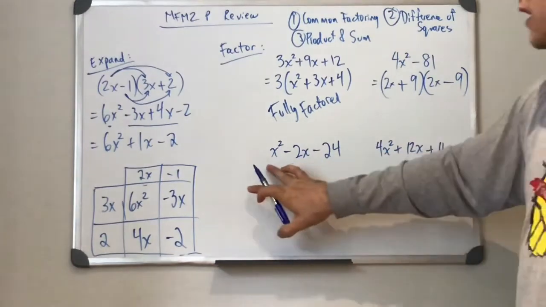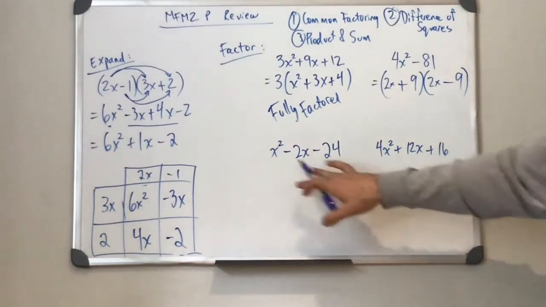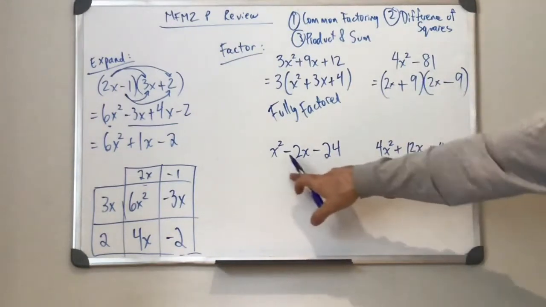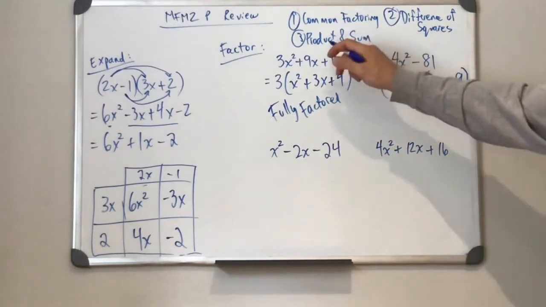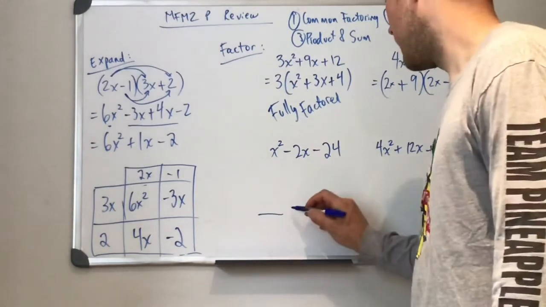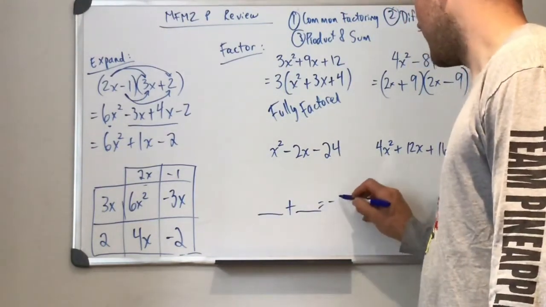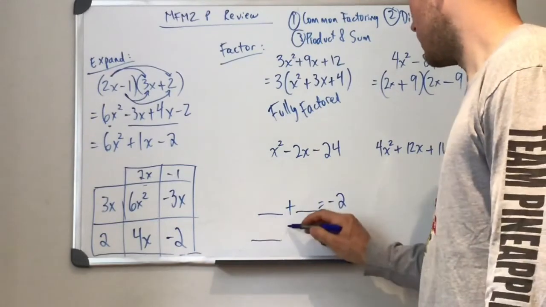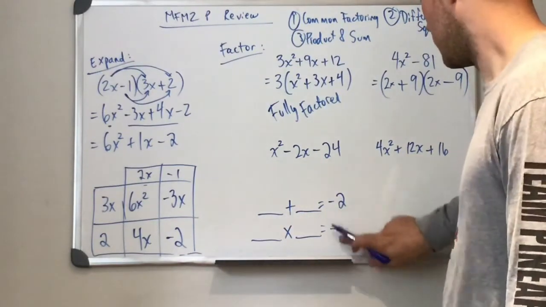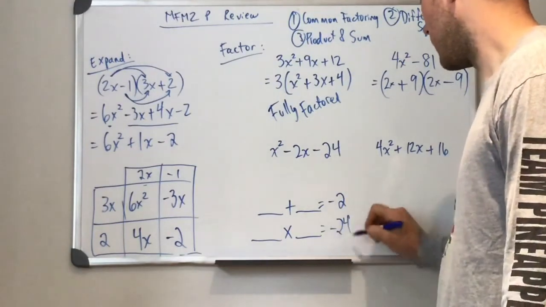This one, can I common factor? Nope, there's nothing to common factor. It's not a difference of squares because we have three separate terms. This one might be a product and sum. So for product and sum, we had to find two numbers that add to -2, but multiply to -24.